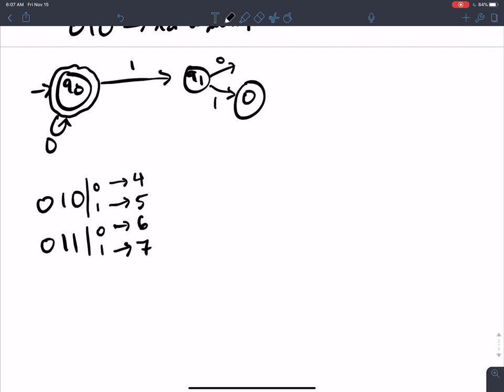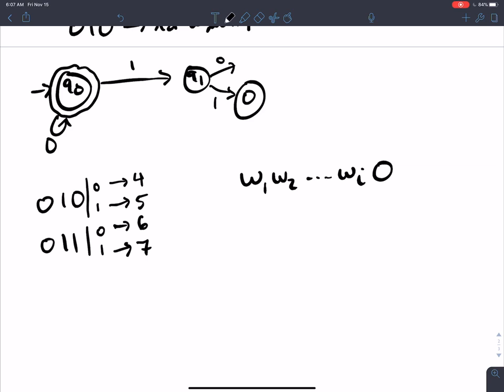So we can actually see something interesting here, that if we read a 0 after some prefix string like 0, 1, 1, then that's going to multiply the number by 2. And we can actually see this in general. So if I have a string w1 up to wi, and then I read a 0, then this is literally just left shifting the number 1 place, for those of you who know what that is.